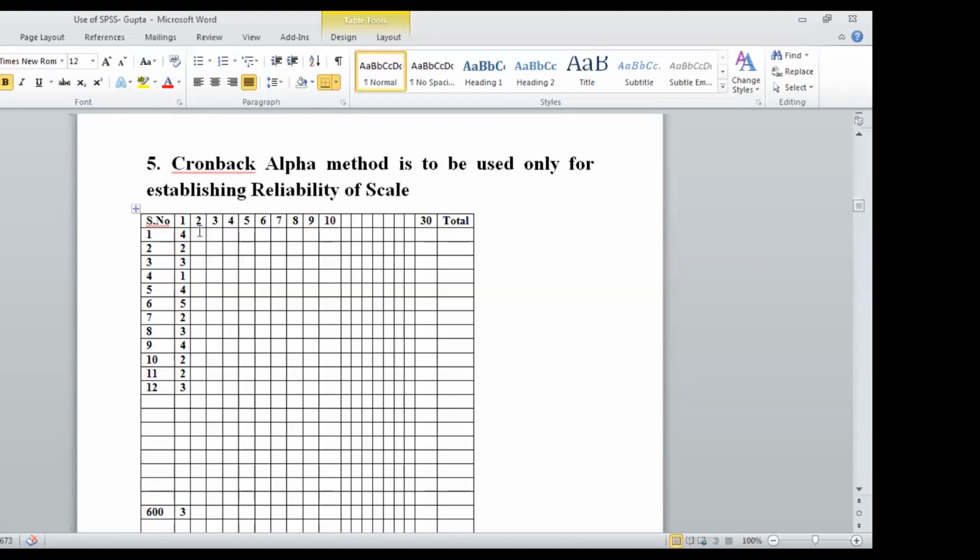Then this is another one. You have the 3, 2, 2, 1, 4, 5, 2, 3, 1. So you have the scores like this. So for this also you have the score. So like this, you have the score for everyone.